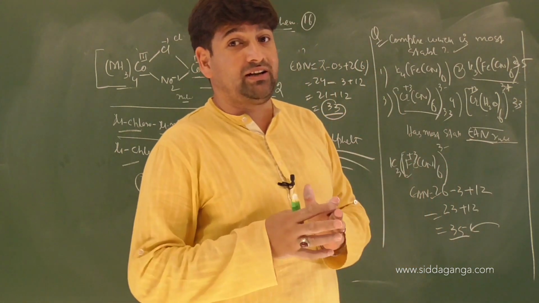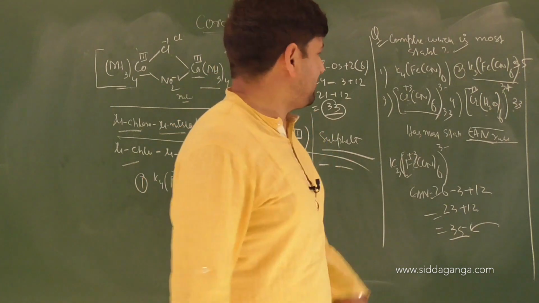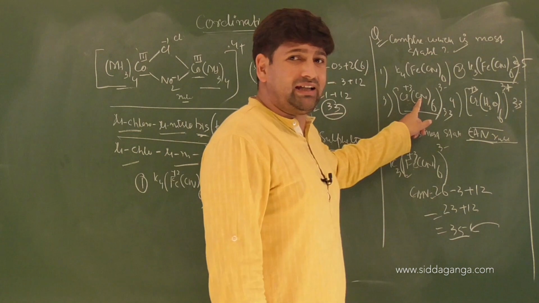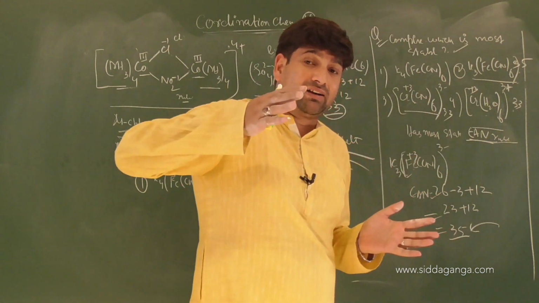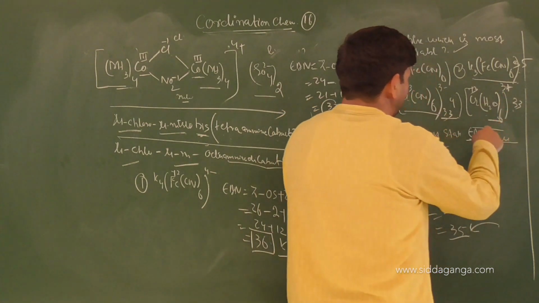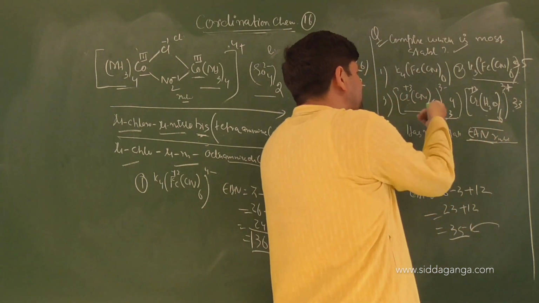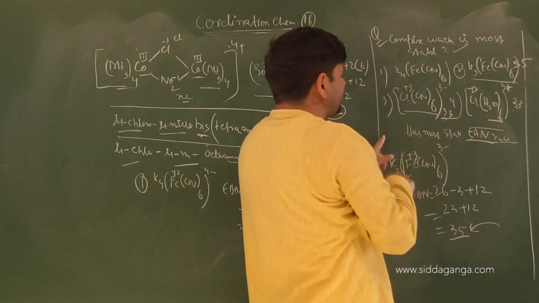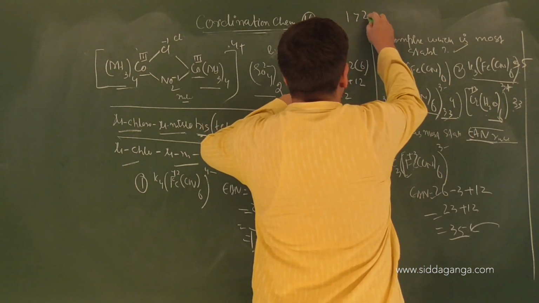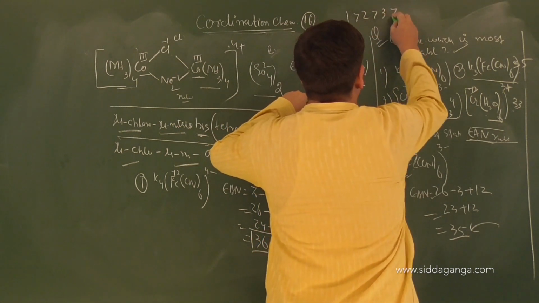Crystal field stabilization energy will be the same. But remember that when the ligand is CN, it is a stronger ligand, so the splitting will be higher. Yes or no? So if the effective atomic number of the two is the same, then the system with the stronger ligand will be more stable. So the order of stability will be 1 more than 2 more than 3 more than 4.